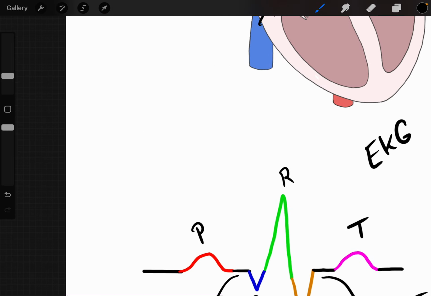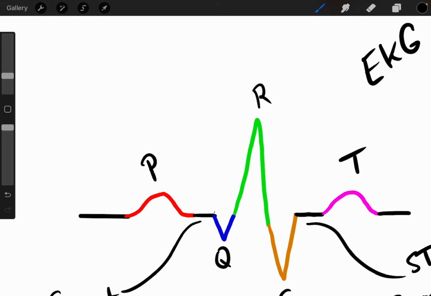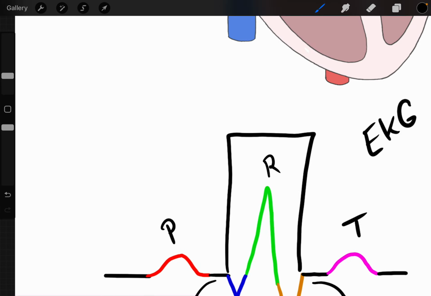The way that works is between the beginning of this Q wave and the end of the S wave, you will also have what's called atrial repolarization.